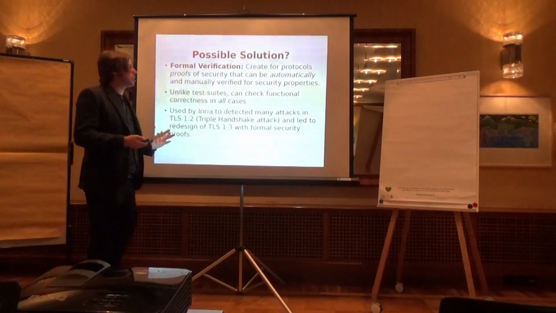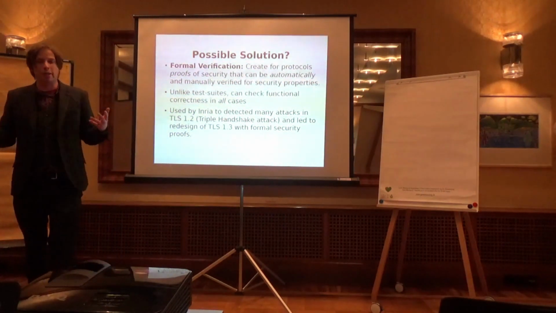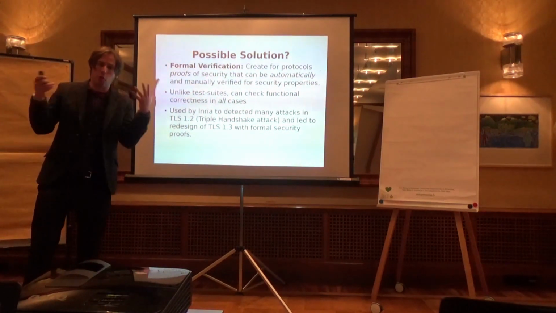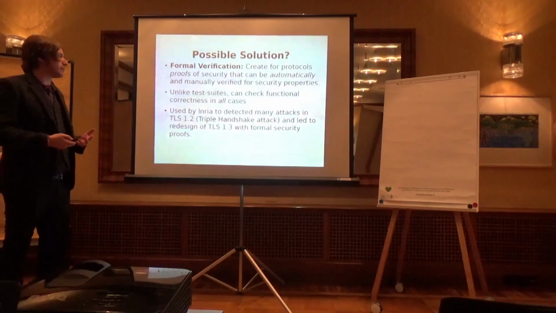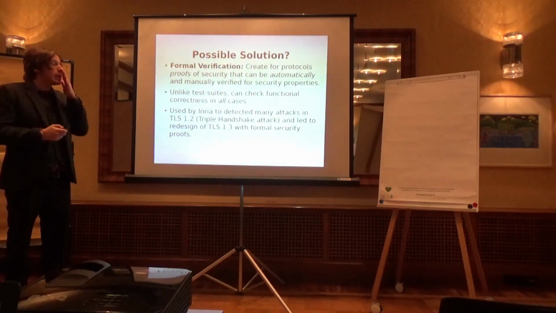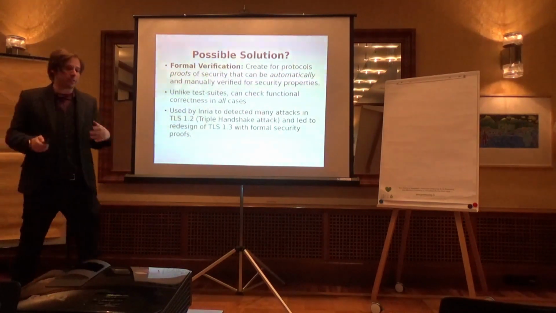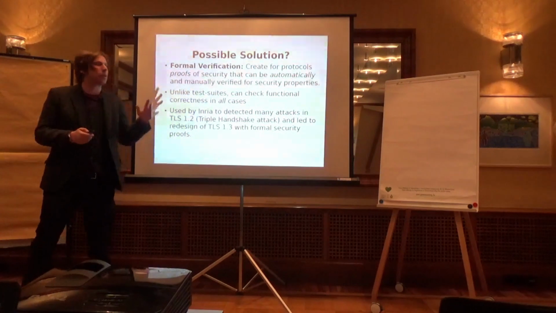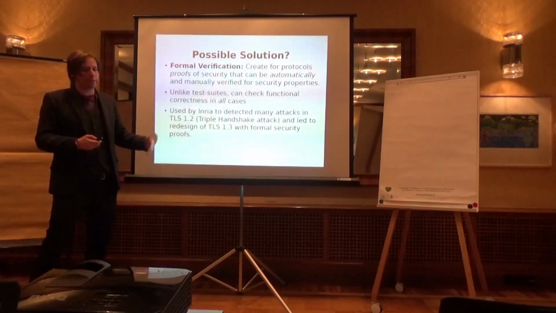You should trust this crypto because we have proofs of security that anyone can check for all, including the incredibly boring parts of the protocol. And we can check for functional correctness in all cases. Now that's a big statement, so you always have to say, well, all cases except the certificate parsing, for example, for TLS, but regardless, there's been a lot of progress there.